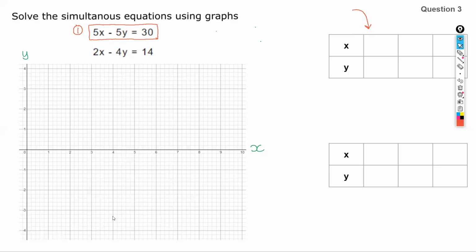So for the first equation, let me do the work in here. Remember, we have 5x minus 5y is equal to 30. We want to solve for y. So who's the first person we have to throw across? This positive 5x. When you throw across positive 5x, you will get what? Minus 5x.